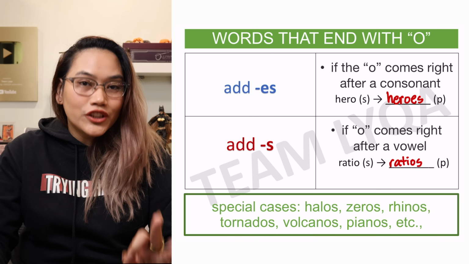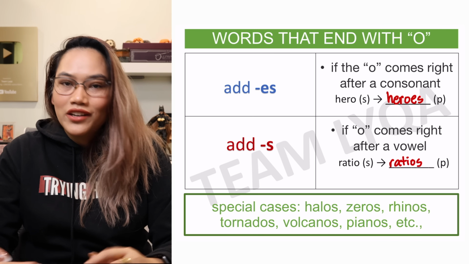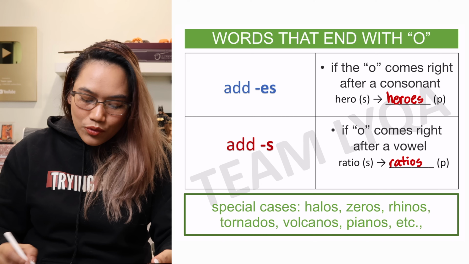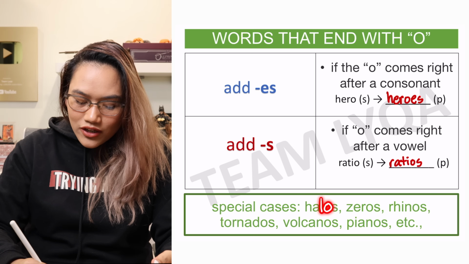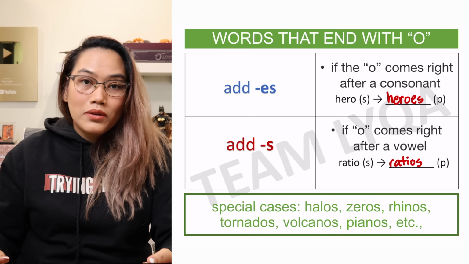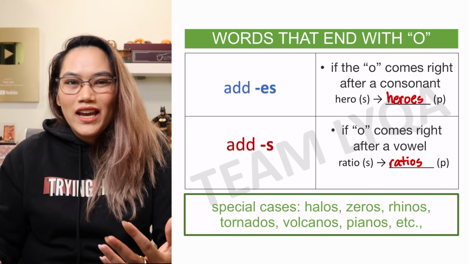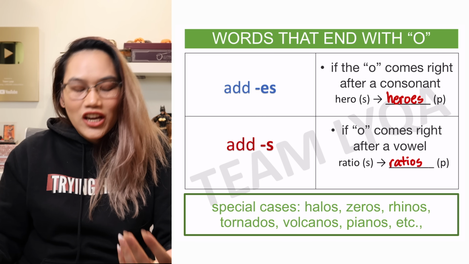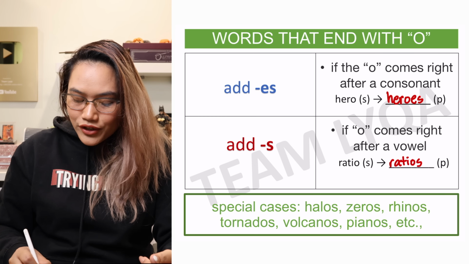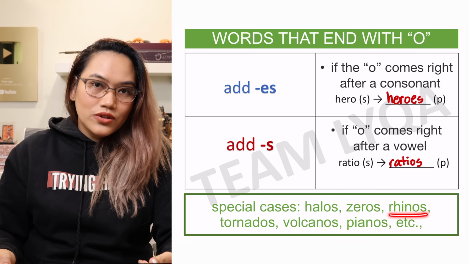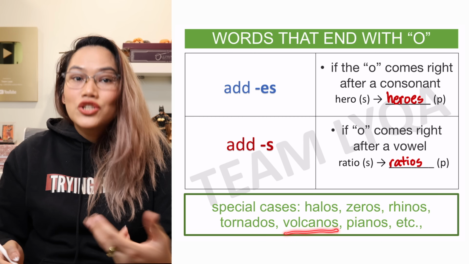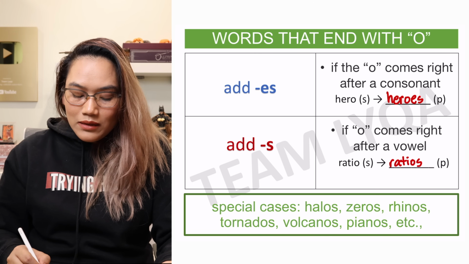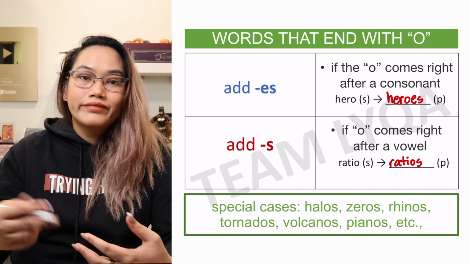Now, there are certain exceptions to this, and that is where it becomes tricky. For example, the word halo. Technically, the O follows a consonant, the letter L. But you don't spell it as H-A-L-O-E-S, H-A-L-O-S lang. Same for zeros, rhinos, tornadoes, volcanoes, which you can also spell like that, pianos, at marami pang iba.